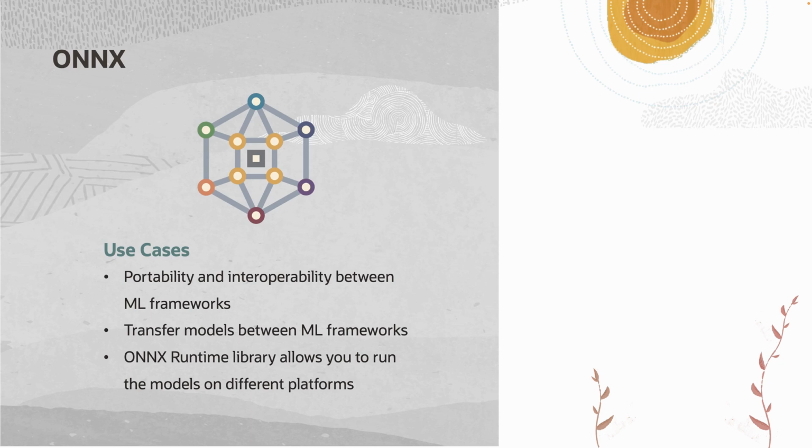So you can develop a model, let's say, in scikit-learn, save it in ONNX, and then when the ONNX runtime runs, it's not concerned with having scikit-learn or TensorFlow, whatever it was built on, does not need to be there. It will just execute as an ONNX file, an ONNX model. The ONNX runtime library allows you to run models on different platforms.